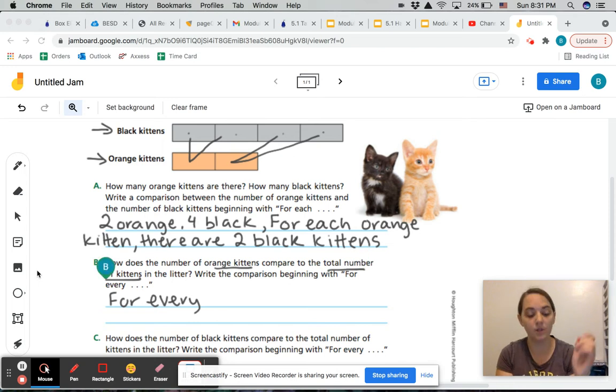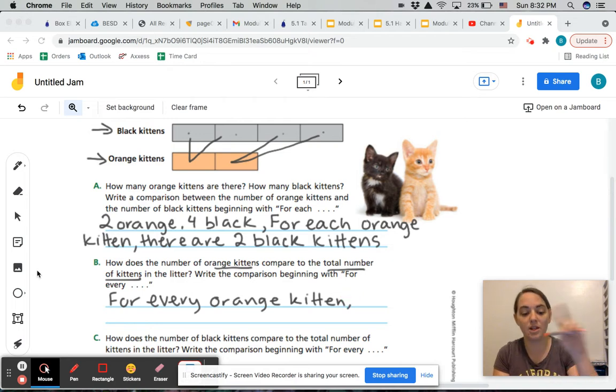So for every orange kitten, now we're comparing it to the total number of kittens. We have 1, 2, 3, 4, 5, 6. We have 6 total kittens.